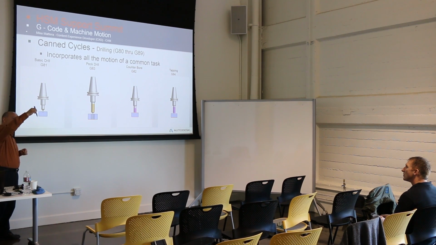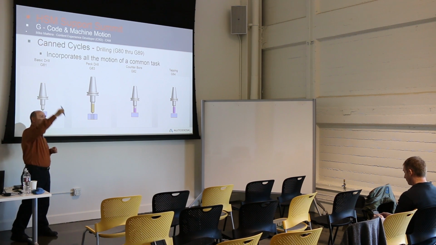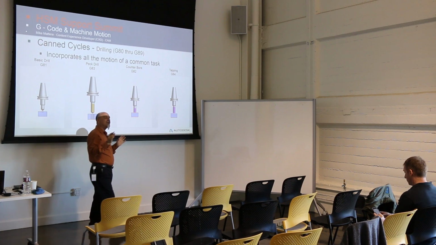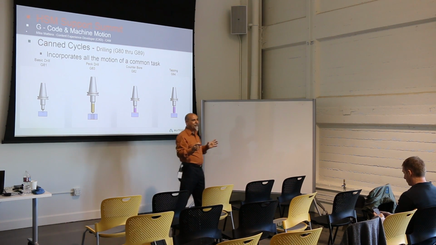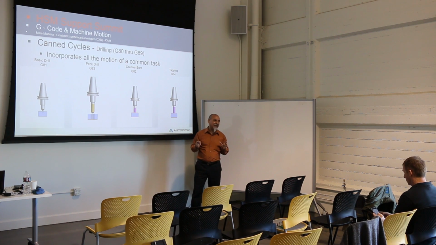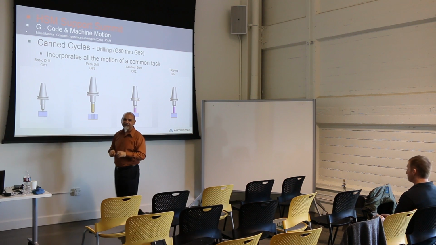I'd have to feed in, rapid it out, rapid it back to where I left off, feed in again, rapid it out, rapid it back in. Huge opportunities for mistakes. It's real easy to rapid it in to the next depth rather than feeding to the next depth. And I can tell you that that's a possibility because I've done it.